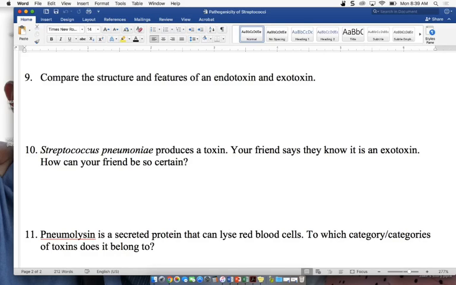And then just as a reminder, if something is, one, secreted, and two, can lyse a red blood cell, what does that tell us about the toxin? Since it's a secreted protein, that tells us it's an exotoxin. What specific type? Hemolysin in this case, exactly. Okay.